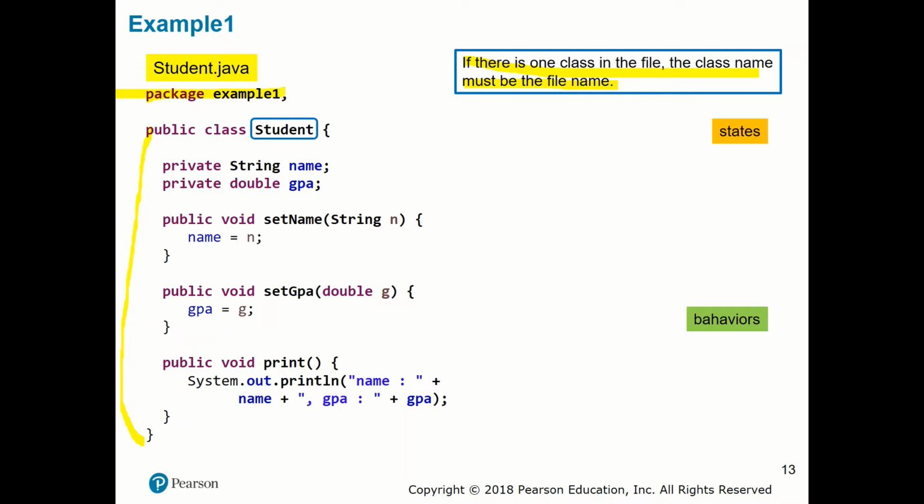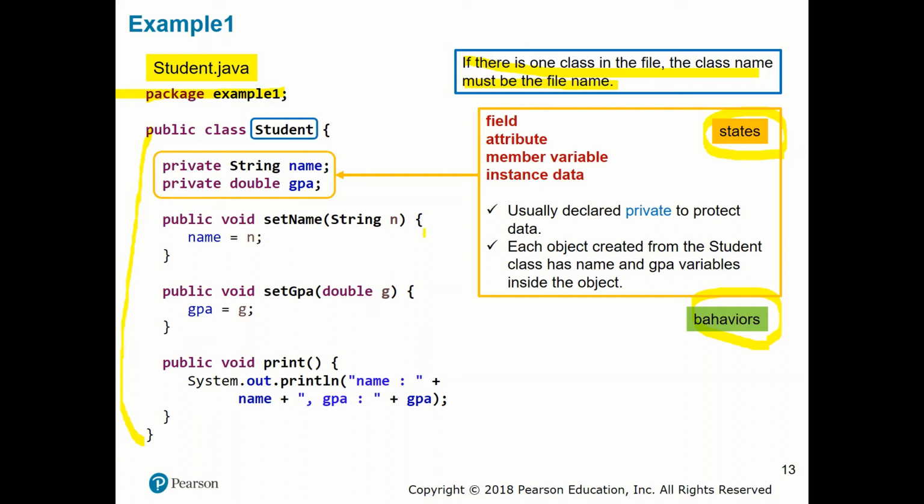And there are two parts in a class. Usually the first part is what we call states and the other is behavior. This is the states part. Actually, these are variables. And you must remember these terms. We call this part field, attribute, member variable, and instance data.